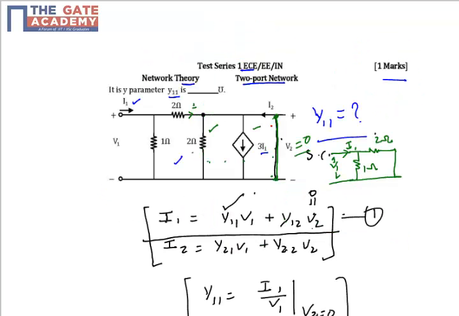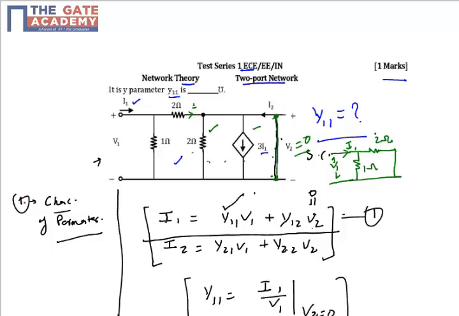This question is from the chapter of two-port network. Two-port network is a very important chapter from the GATE point of view. Every year you will get 1 to 2 problems from this unit. The important points to remember are two things. One, in most problems of two-port networks, we need to use the characteristic equation of the parameter asked, whether it is the Z parameter, Y parameter or H parameter.